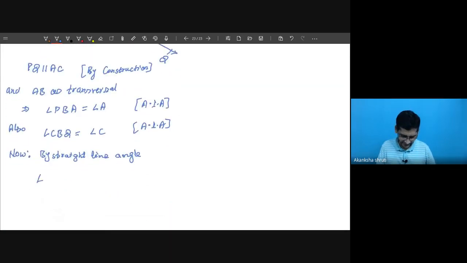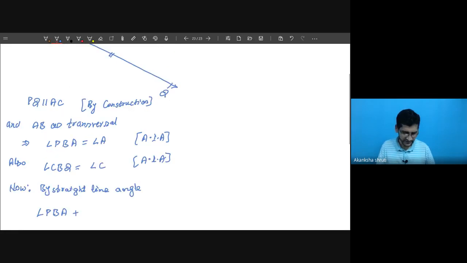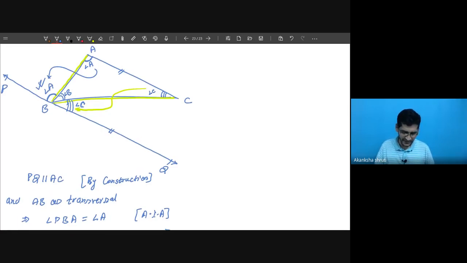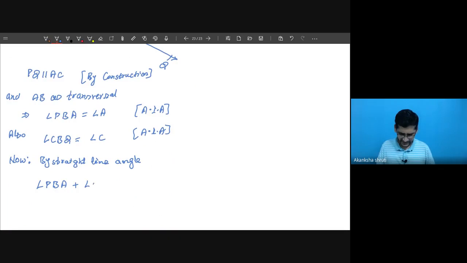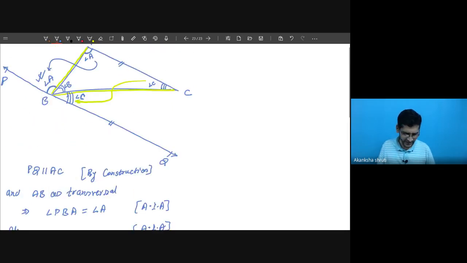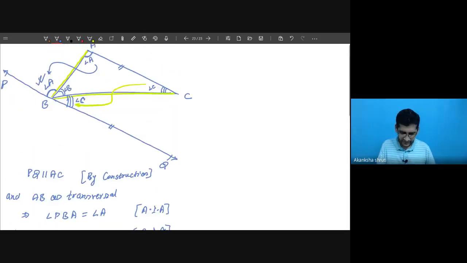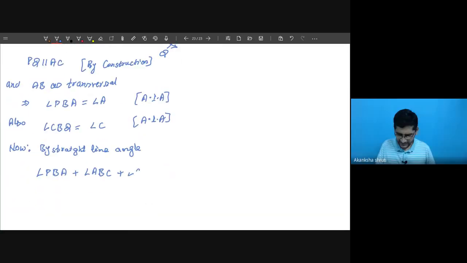Observe carefully. Angle PBA, this angle, though it is the same as A, I will substitute later as A. Then angle ABC. Then the other one is CBQ. Angle CBQ. This will be 180 degrees.